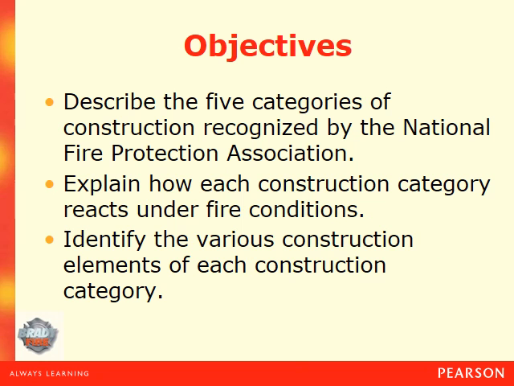So let's look at our objectives for this chapter. Describe the 5 categories of construction recognized by the National Fire Protection Association. Explain how each construction category reacts under fire conditions. Identify the various construction elements of each category.